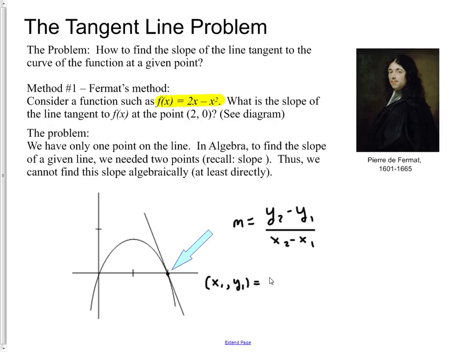But the question is then, well, what do we do about that second point? So that's where we have to be a little creative in our approach. And Fermat was actually a pretty creative guy when it comes right down to it. So let's talk about what he did.